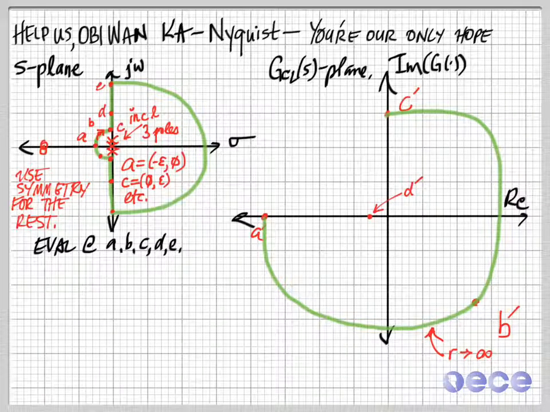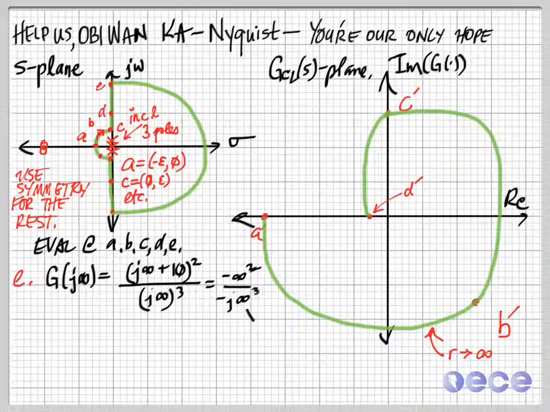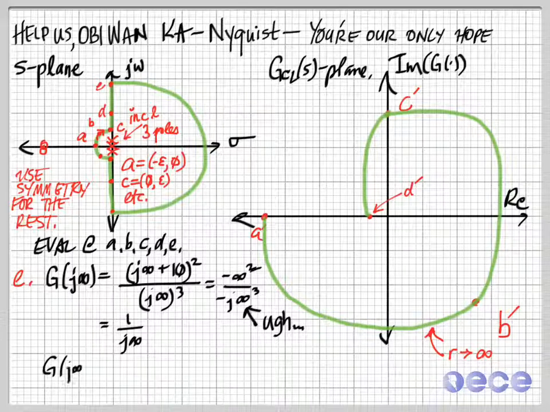So now we see that C prime goes directly to D prime, and then E at j infinity is going to tell us how we approach the origin. j infinity over j infinity cubed, that's not exactly right, gives us 1 over j infinity.